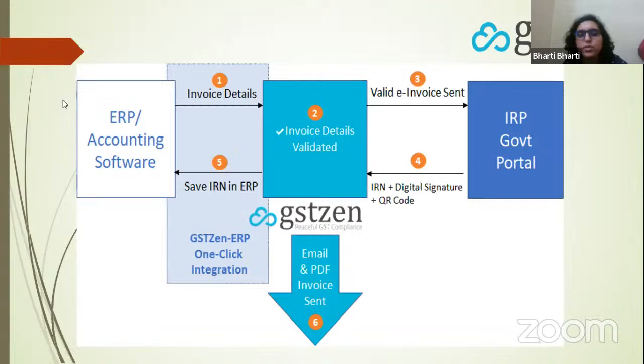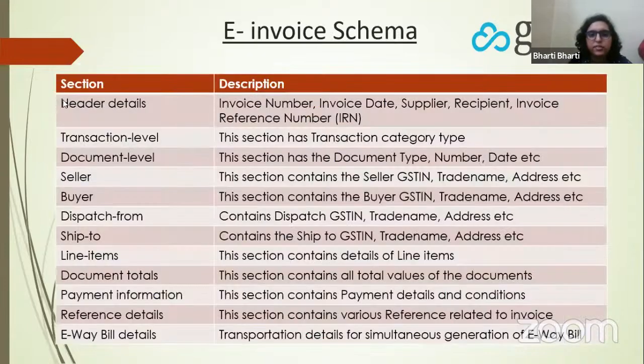The data comes from the ERP or accounting software. It gets validated by GSTZen. We then send it to the IRP. Once the e-invoice is generated, we get back the response, that is IRN, digital signature, your QR code, and that information gets saved back in the ERP or accounting software.